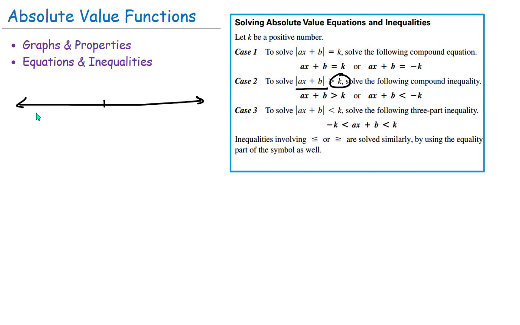It's greater than the distance k away from 0. So it could be further away than k in the positive direction, but it could also be further away from 0 than k in the negative direction.